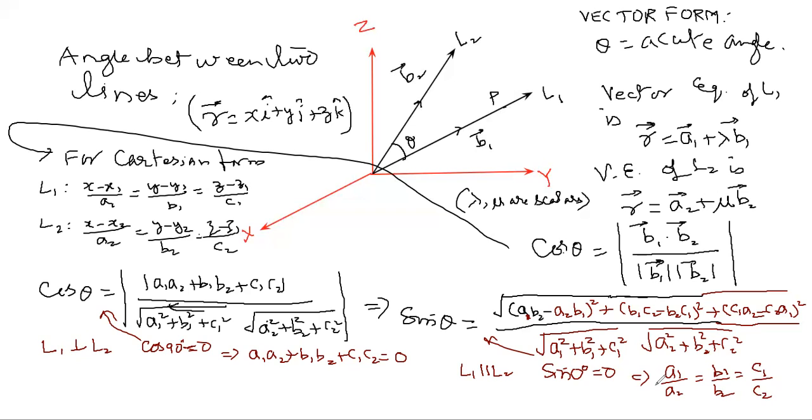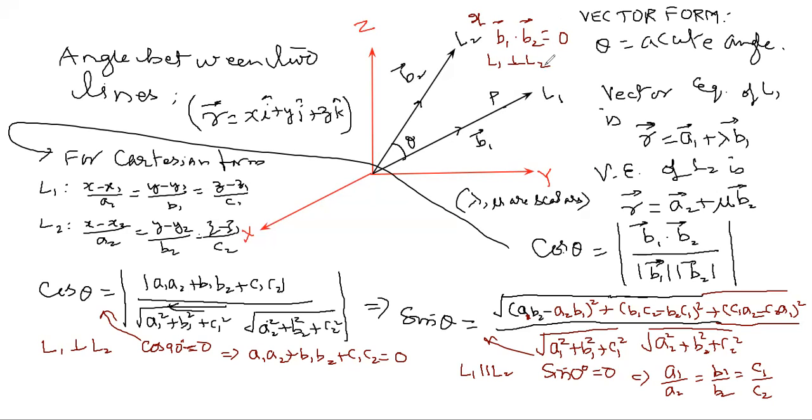Means if the ratio of their DRs are equal, then the lines are parallel. So in vector form, if B1 dot B2 is equal to 0, then L1 is perpendicular to L2.